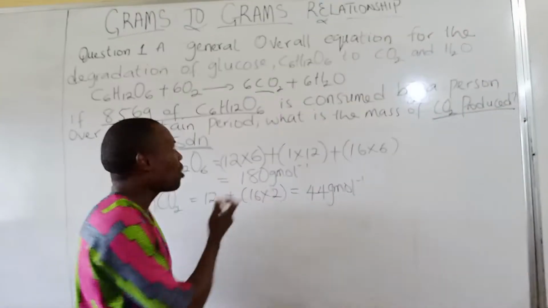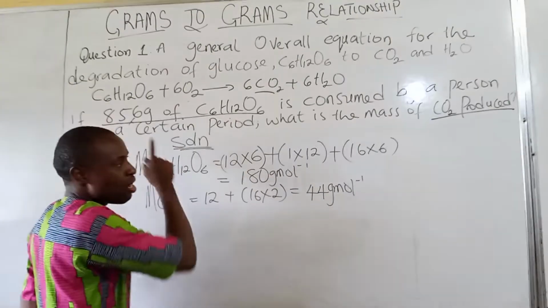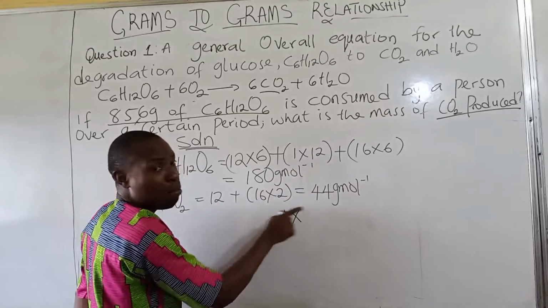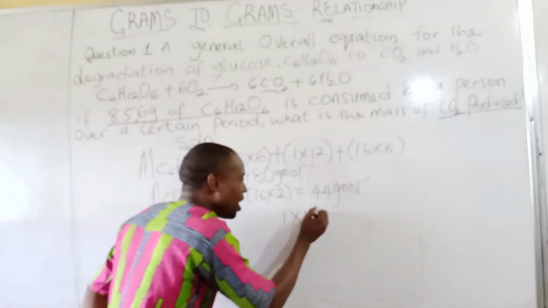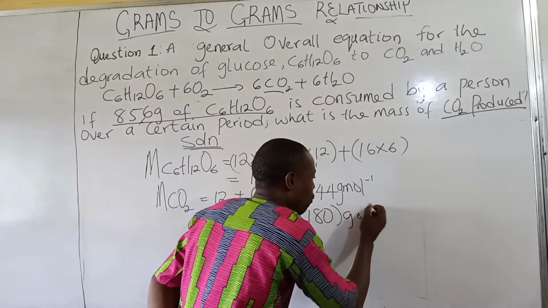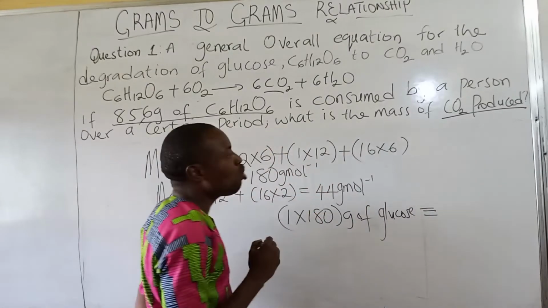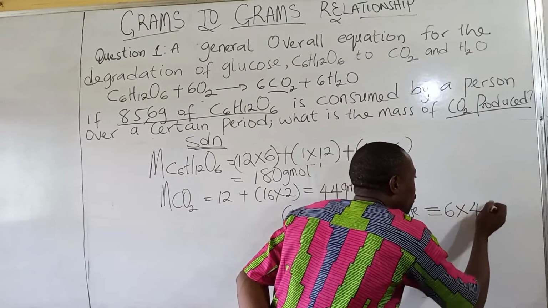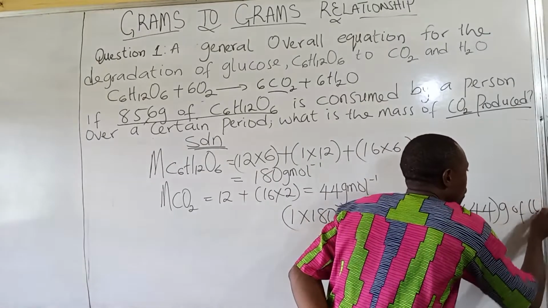Very simple. Now you relate them to each other. How many moles of glucose do I have here? It is 1. So 1 mole of glucose, multiplied by the molar mass of 180, altogether gives 180 grams of glucose, which would produce or yield 6 multiplied by 44 grams of CO2.